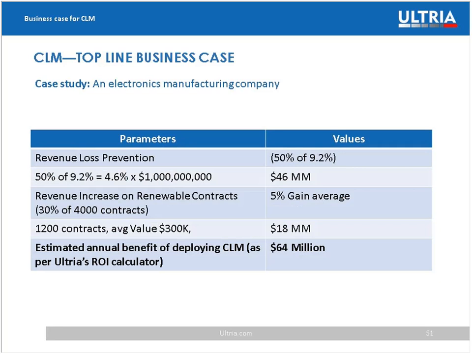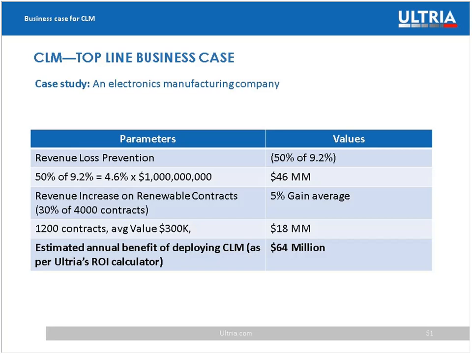One, and this is a number from IACCM, revenue loss for organizations that don't use a contract lifecycle solution, according to IACCM, is 9.2%. Now, to me, that's a very, very big number. So let's cut that in half and say 50% of 9.2% on a $1 billion revenue company is $46 million.